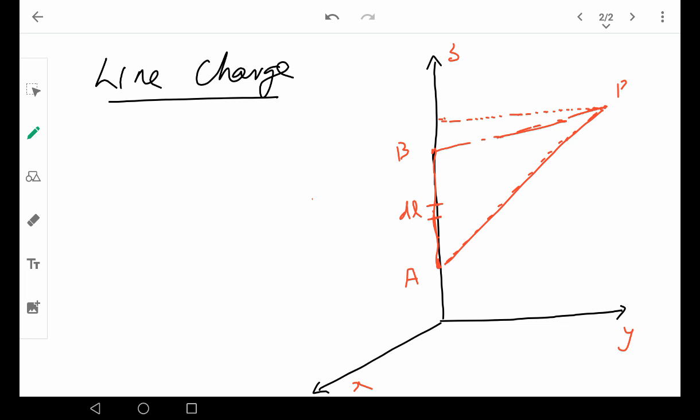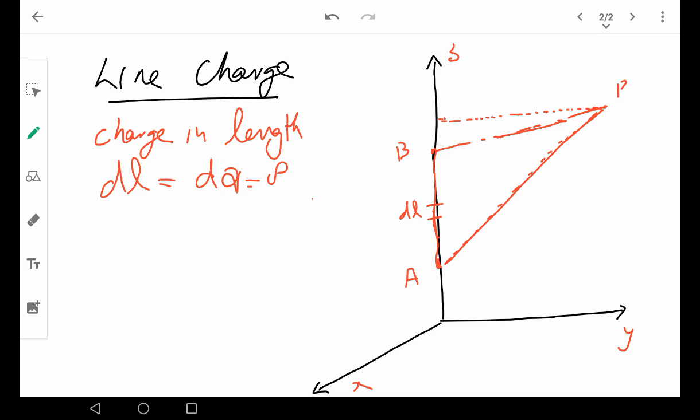Now the total charge in the length dl, dq, is equal to rho L dl. That's how you have it.